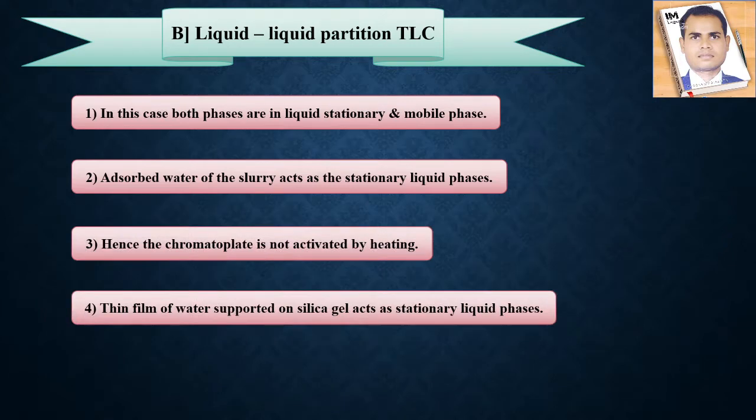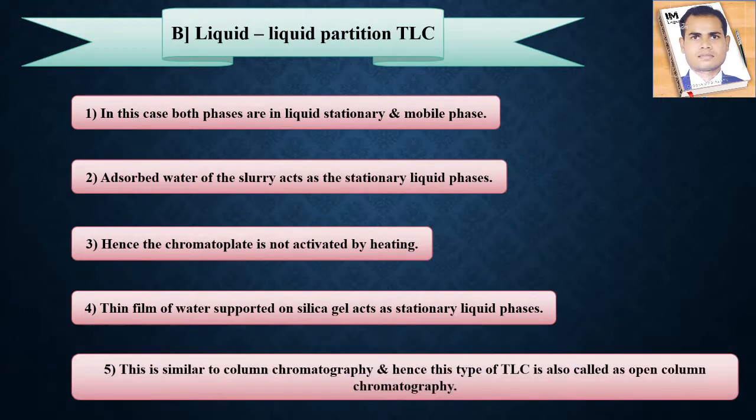Hence the chromatoplate is not activated by heating, so there is no need to heat for the activation of that chromatoplate, right? The thin film of water supported on the silica gel acts as the stationary liquid phase. So whatever small layer is present on the glass plate is acting as the stationary liquid phase.